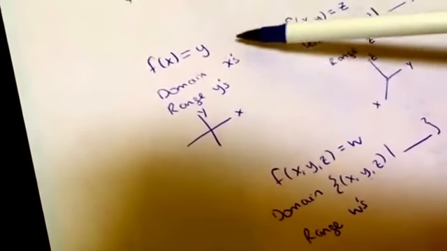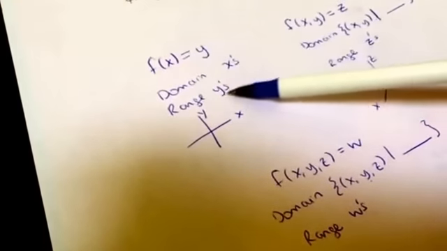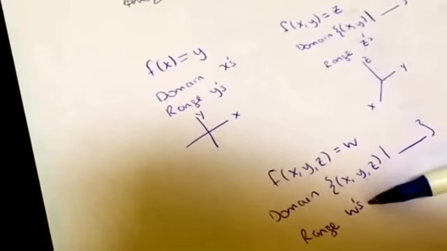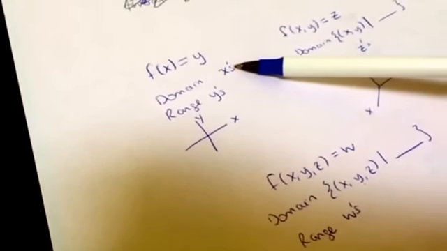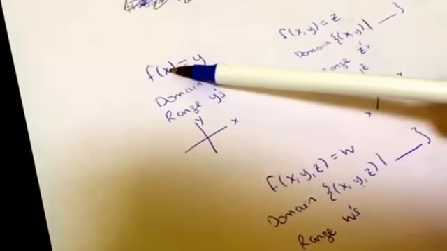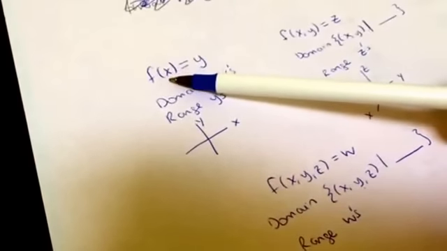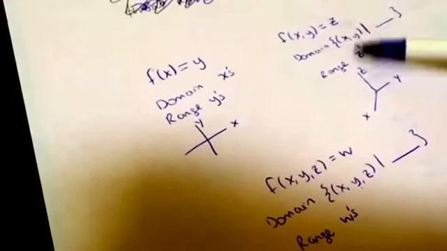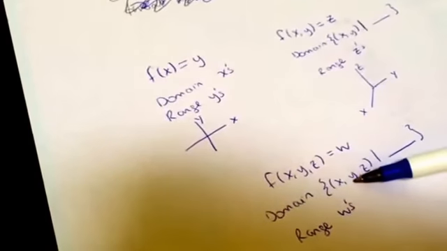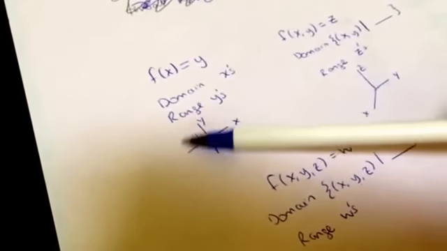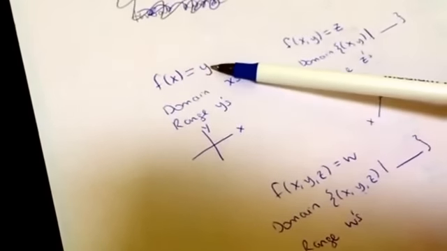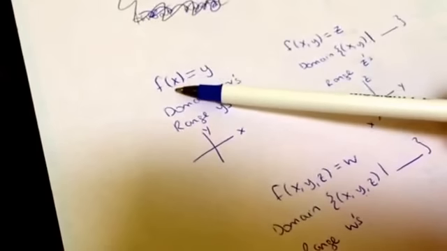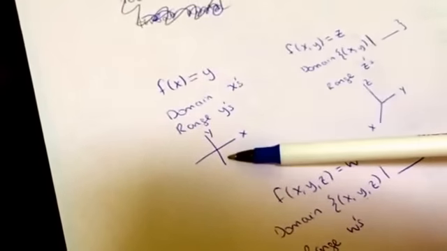Notice the ranges are always one-dimensional. The domain is always however many dimensions you have independent variables. So one independent variable, domain is one-dimensional. Two independent variables, domain is two-dimensional. Three independent variables, domain is three-dimensional. And then the graph is how many total variables you have. With x and y, independent and dependent, two total variables, the graph is two-dimensional.